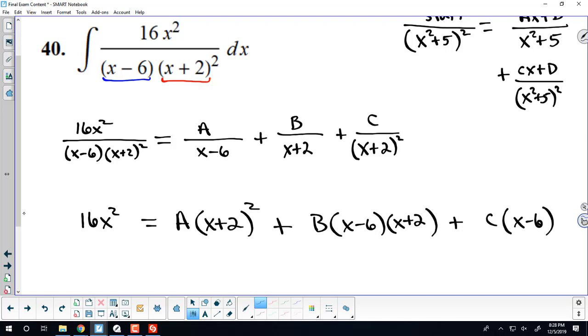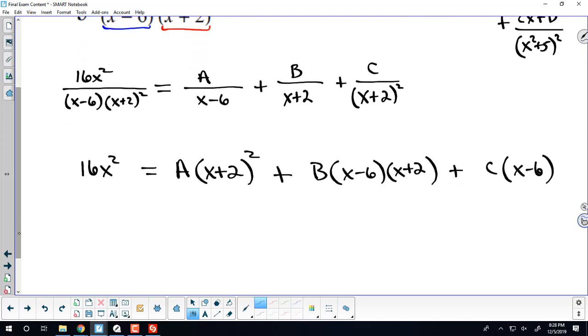And so from here, the shortcut method might work. It's worth trying. With the shortcut method, you could at least solve for one variable and perhaps not have to solve a system of equations. So we're going to let x equal -2, and the a and b terms will go away.